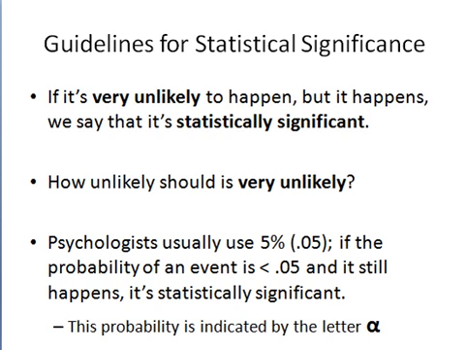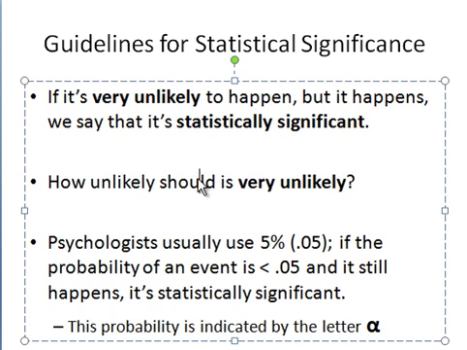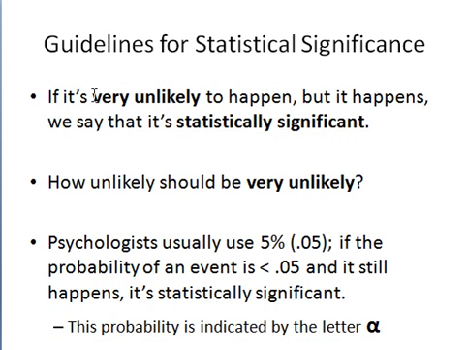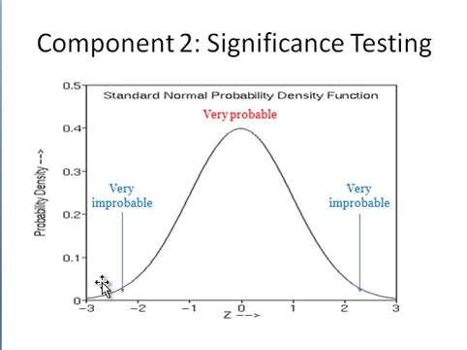How unlikely should be very unlikely? So we want something that's very unlikely, but going back to this distribution I just showed you, how far away does it have to be in order to be very unlikely? And I asked you guys the other day about the coin flips.